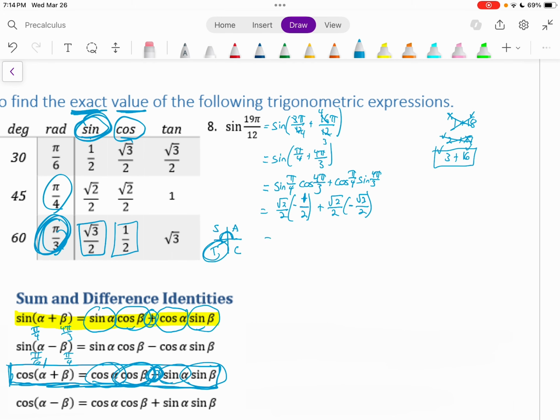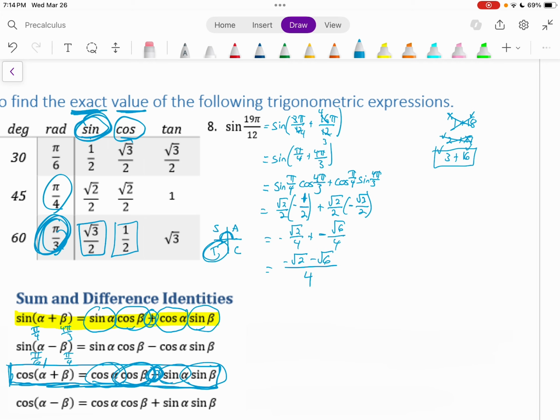And so we have negative root 2 over 4 plus a negative root 6 over 4, which gives us negative root 2 minus root 6, all over 4.